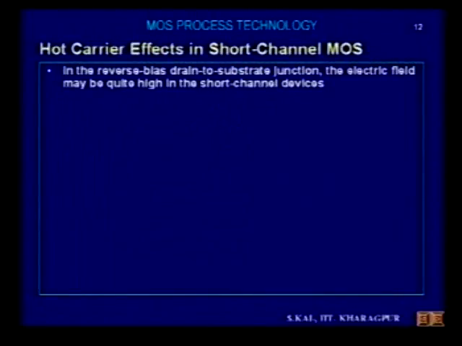In the reverse biased drain to substrate junction, the electric field may be quite high in short channel devices.